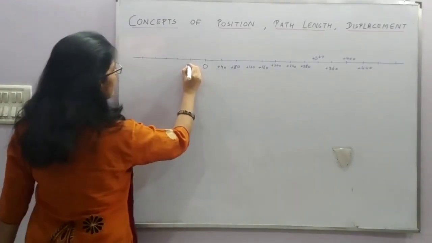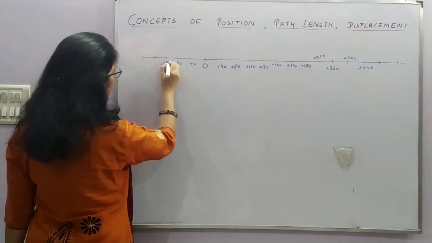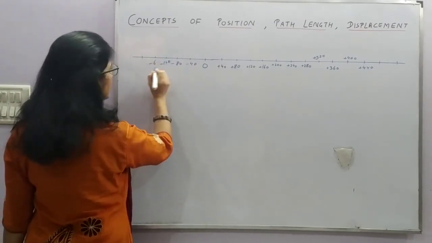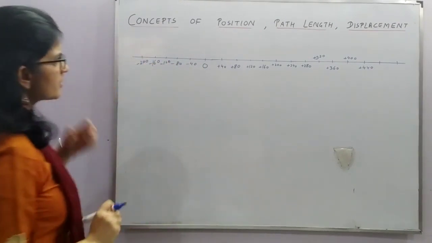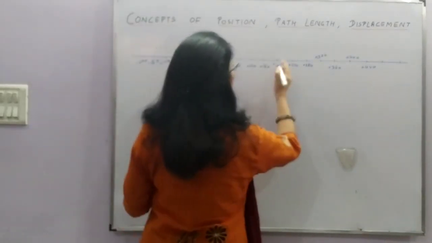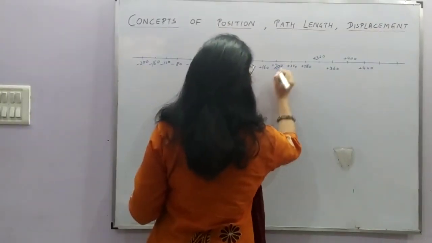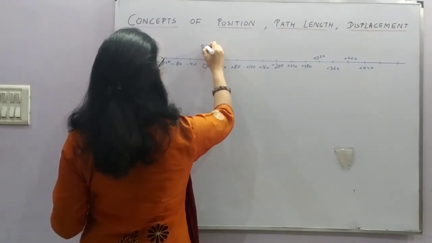And on this side we have minus 40, minus 80, minus 120, minus 160, then minus 200, and so on. So this is the number line, and we are considering this as the reference point.